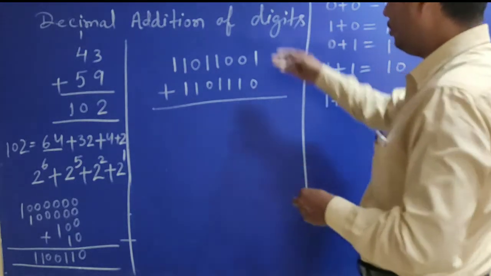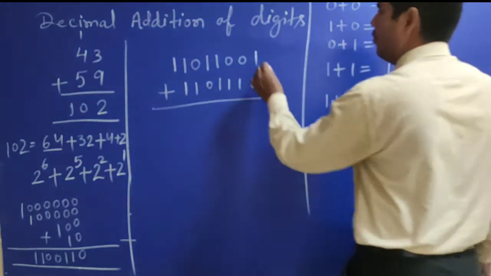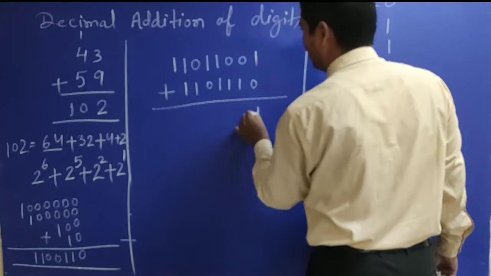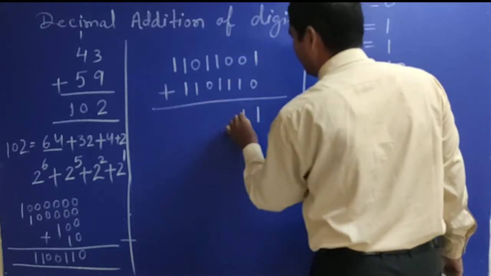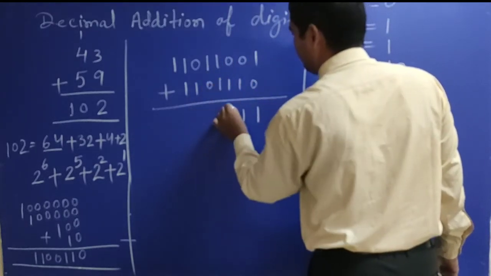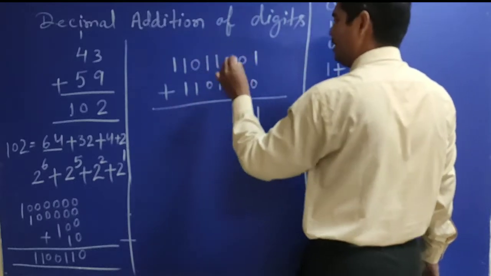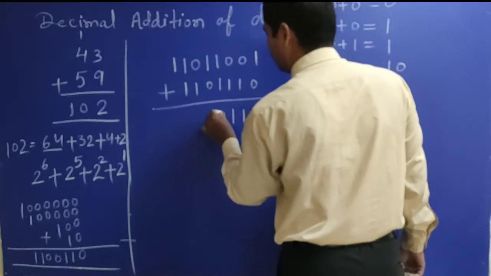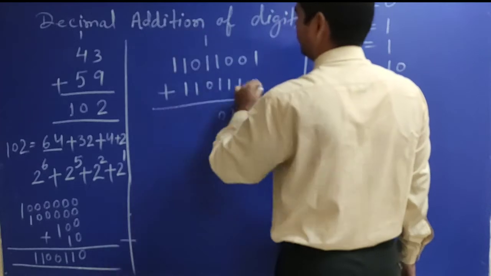Okay. Now, see here. 1 plus 0 is 1, 0 plus 1 is 1, 0 plus 1 is 1, 1 plus 1 is equal to 0, carry 1.